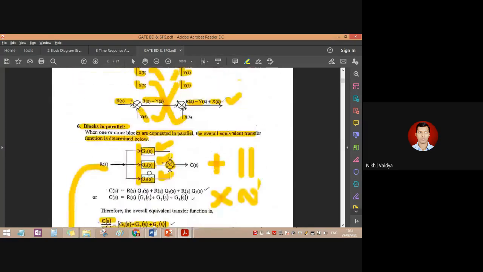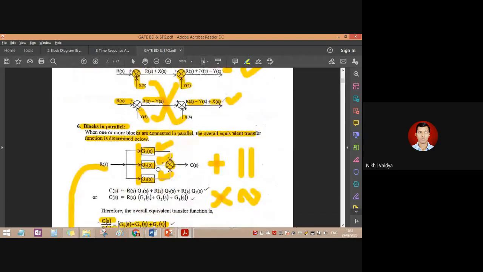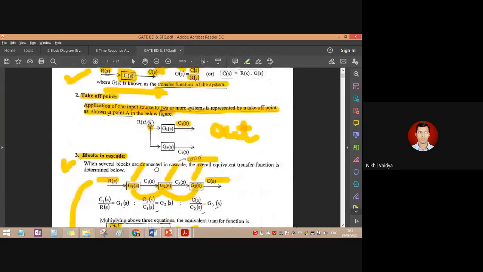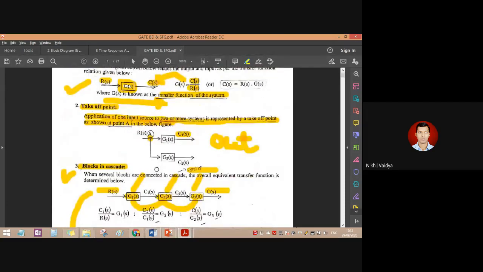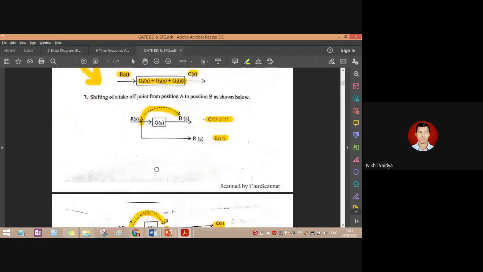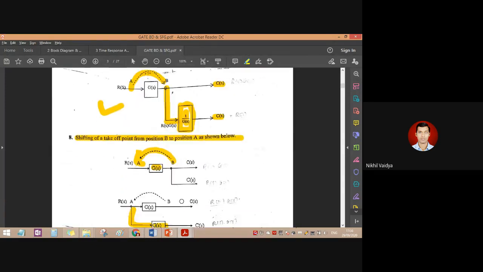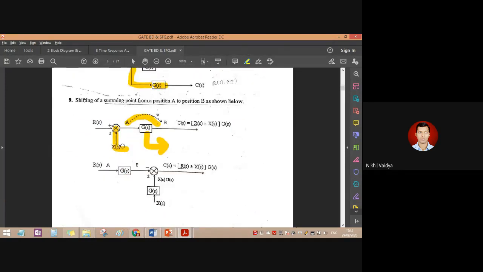What we had done for takeoff point, when we had shifted the takeoff point after the block, we had added the reciprocal. But when we are shifting the summing point, we are adding the same block. So for summing point and takeoff point, you can remember either of the rules. If you remember one rule, then the other rule will be automatically remembered by you.